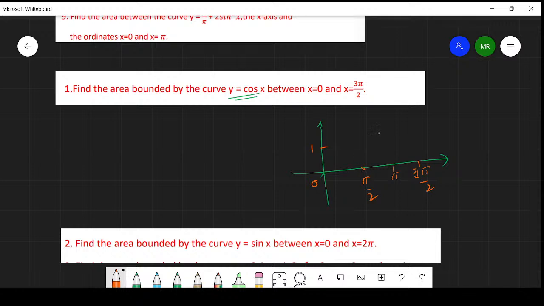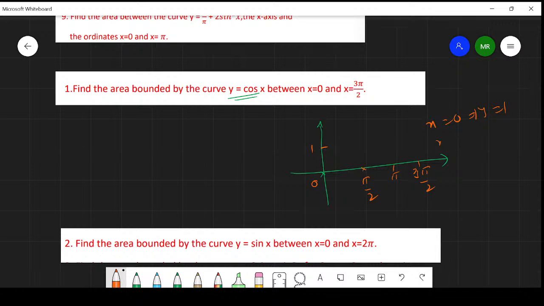Between 0 to 3 pi by 2 they are asking. So when x is 0, what is cos 0? Cos 0 is 1, correct? So when x equal to 0, you get y equal to 1.